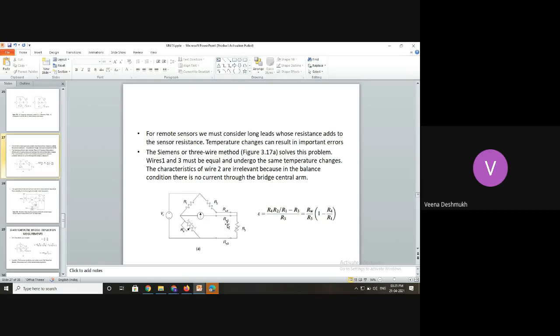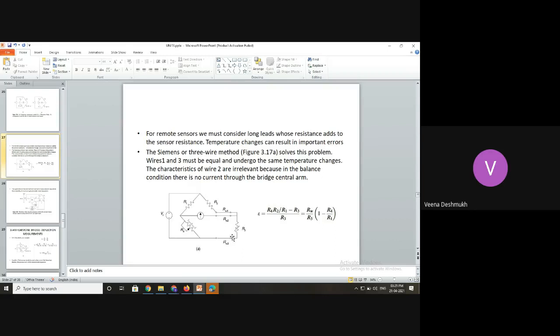Here you can see another type of arrangement where you have one potentiometer connected, and this is the actual sensor resistor. This is present in one of the arms, and in another arm you are connecting a potentiometer. Now potentiometer, how is it varied? To balance the bridge, the potentiometer resistance is varied such that again the null deflection is obtained, and whatever changes you have made with the potentiometer reading, that should match with that of the sensed resistor.